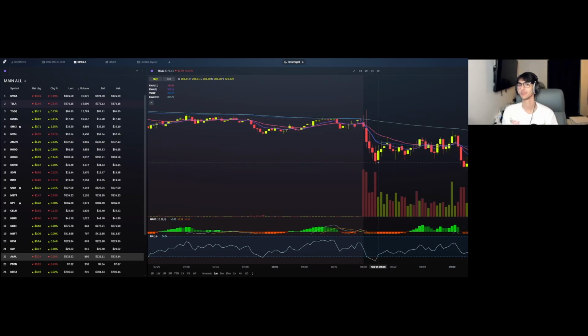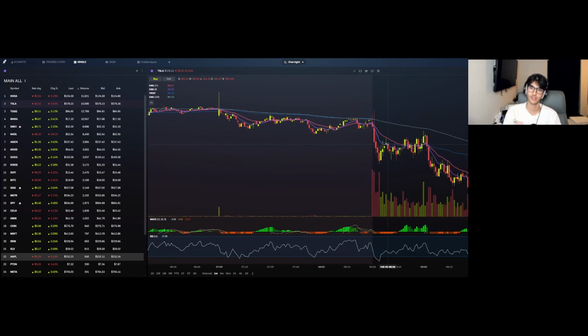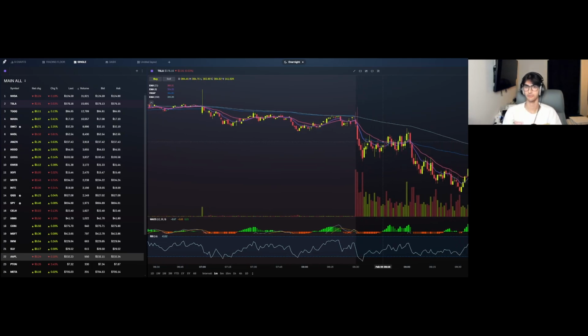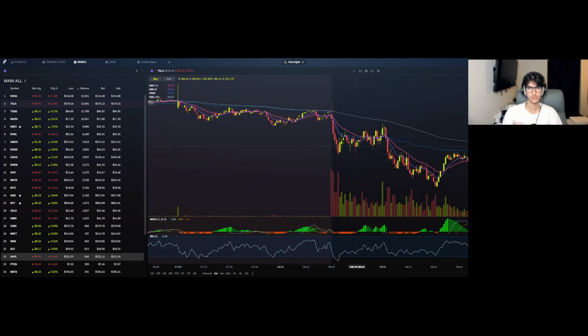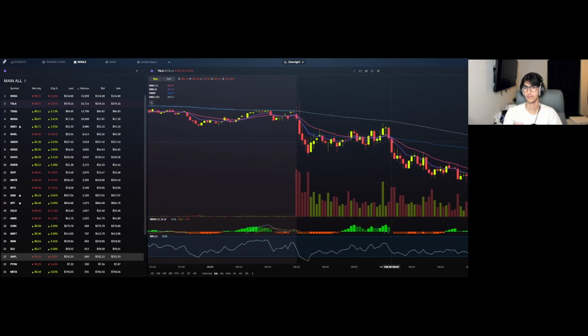I usually don't take plays right off the rip because for me, I just don't feel like it's safe enough. I want the story to develop. You kind of rally. We're holding. We break VWAP. We're not over the 150 EMA, so at this point I'm still bearish. Get a big drop.